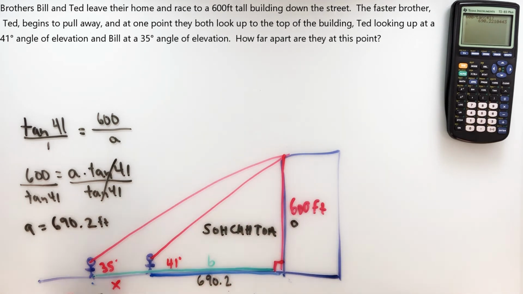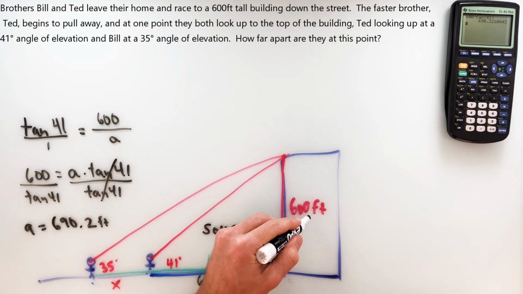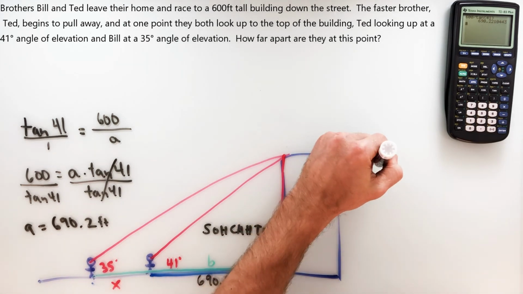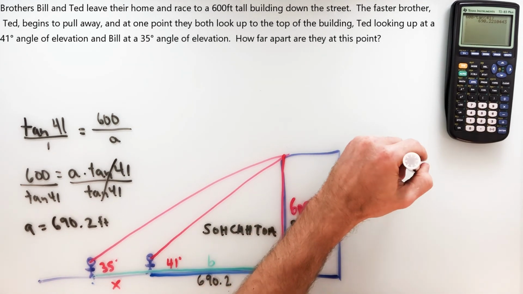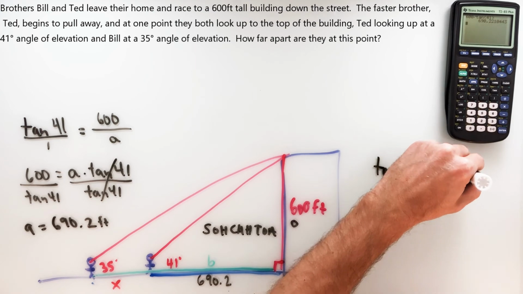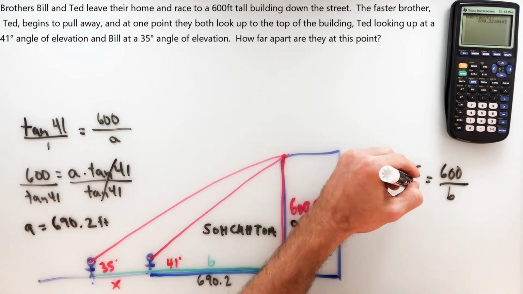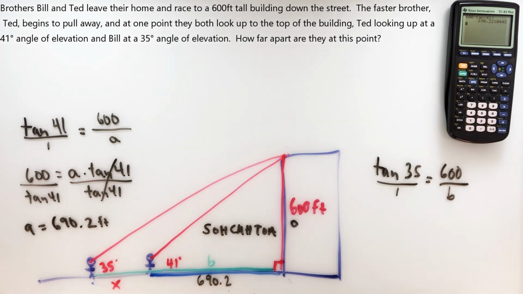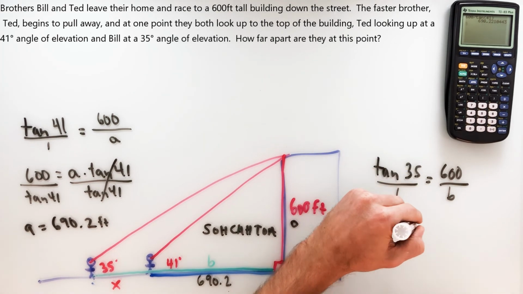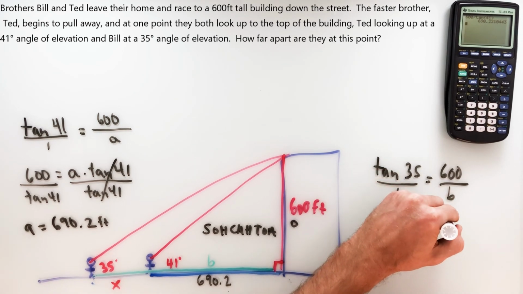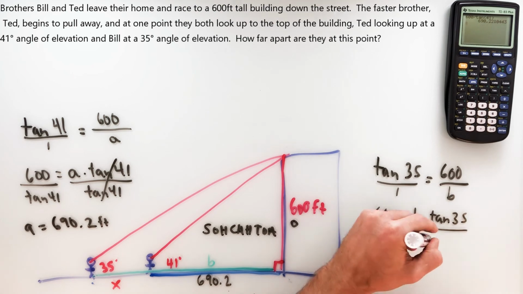Okay, so let's go over here. So again, it's the same setup because my angle being here, opposite is still 600 feet. Adjacent is going to be this length B. So it's really the same thing, just instead of 41, I'm going to use 35. So I've got tangent of 35 degrees equals 600 over B, whole distance down here, that's the adjacent leg. Cross multiply once again, I've got 600 times 1, B times tangent 35, and divide both sides by tangent 35.